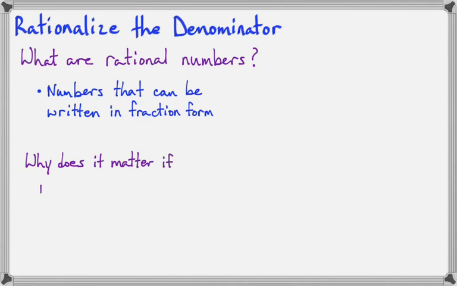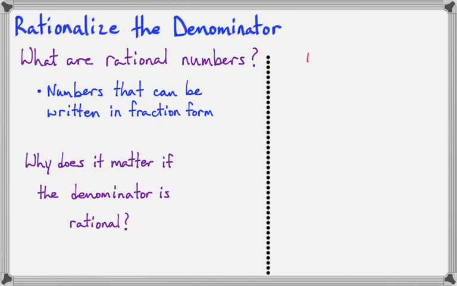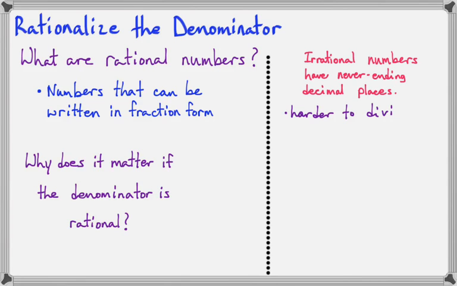And so why does it matter if a denominator is rational or not? Well, since irrational numbers have never-ending decimal places, it's really hard to do long division with irrational numbers. So think about if you were a mathematician way back when, or a scientist way back when, and you had to divide by some irrational number.